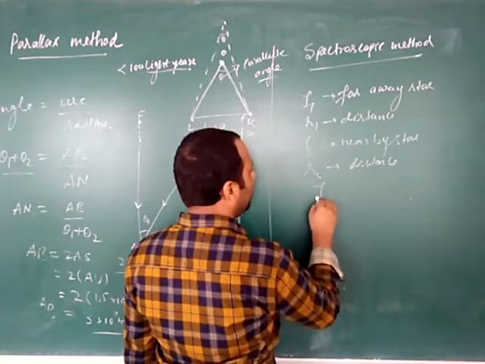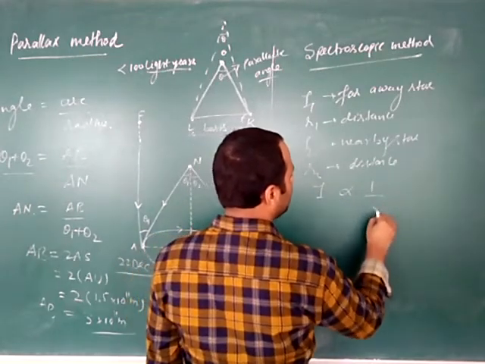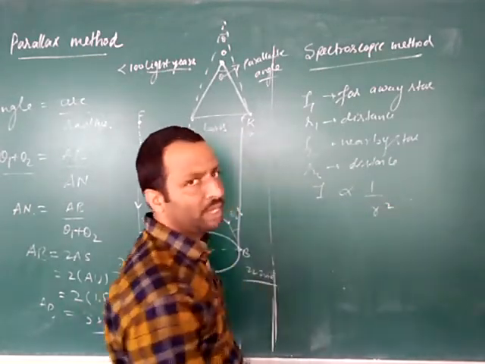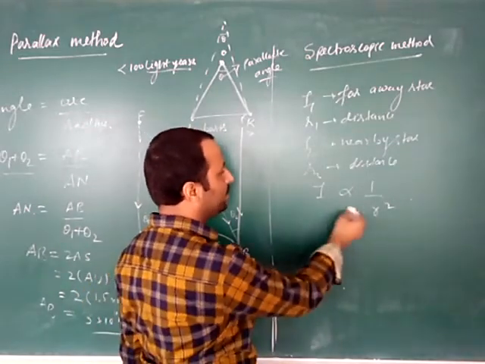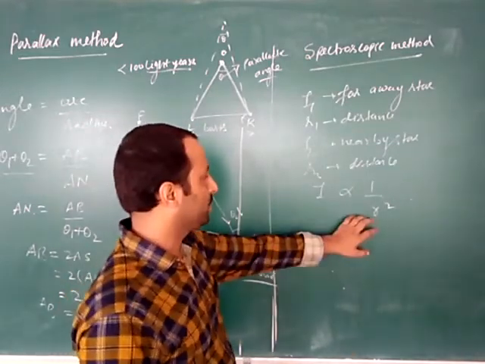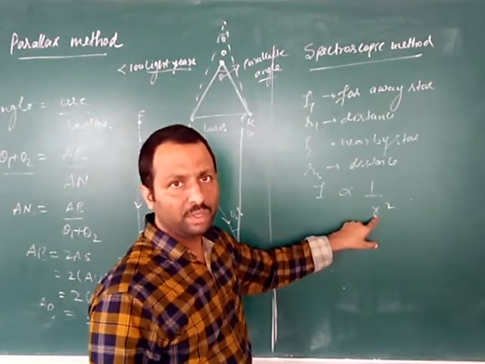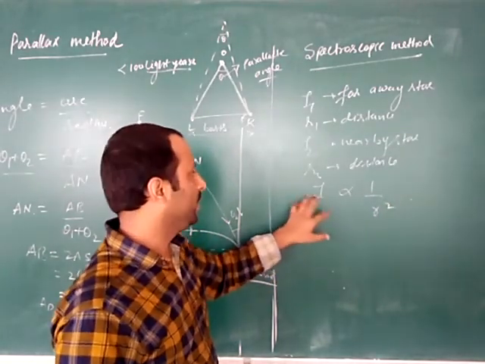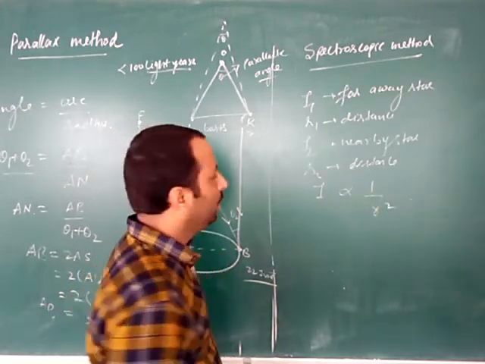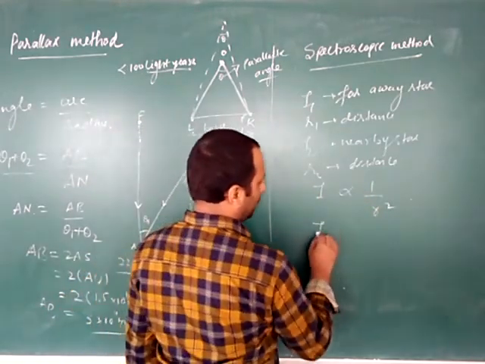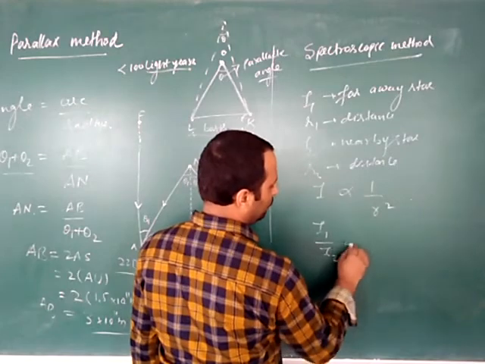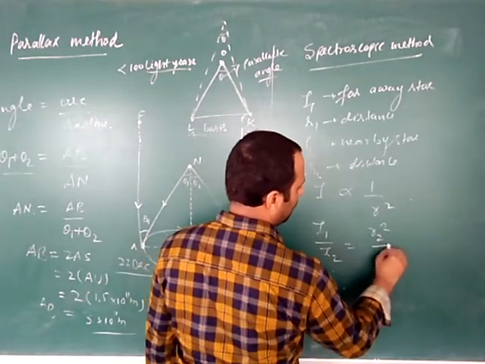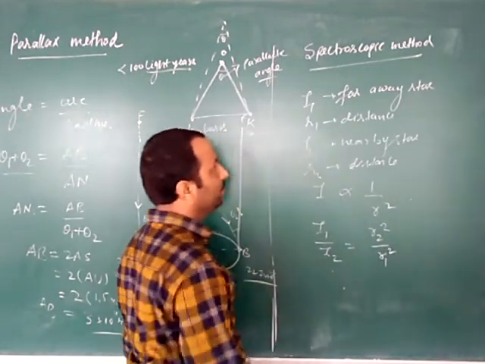We know that intensity is inversely proportional to the square of distance. See, if your distance is more, then brightness is less. Okay, in this way intensity is related with the square of distance. So can we write I1 upon I2 is equal to R2 square upon R1 square?